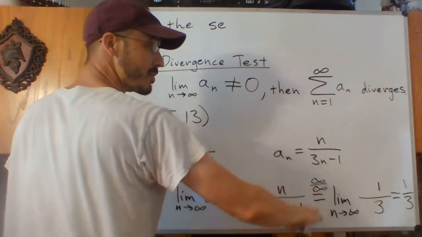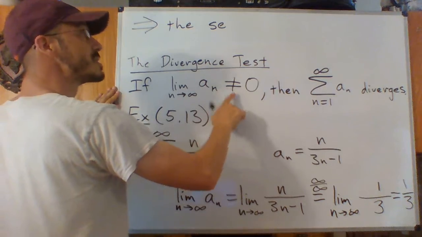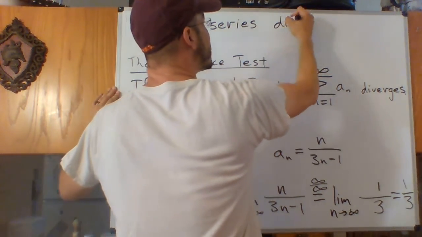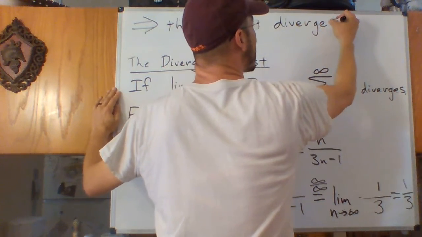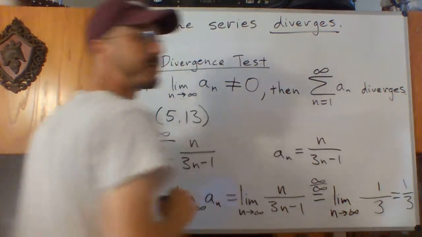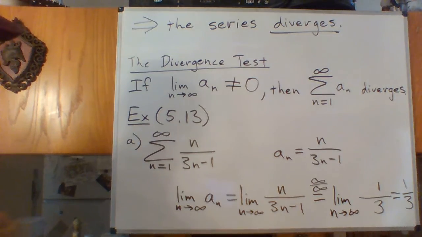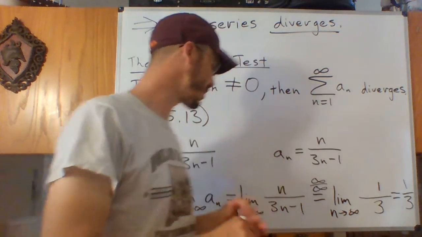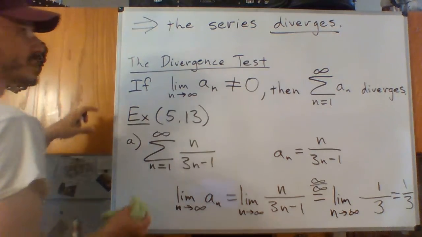So the sequence converges, that's fine, but it doesn't converge to 0, so the series diverges. And that's my answer there, divergent is the result. I've got a limit that's not equal to 0, therefore the series diverges. Let's look at one more example.